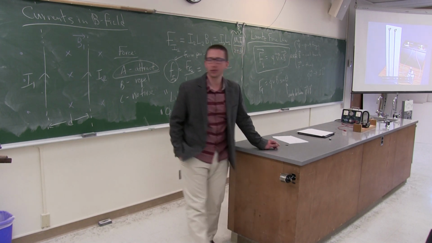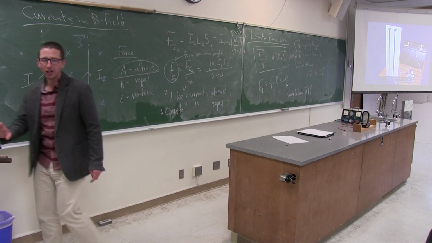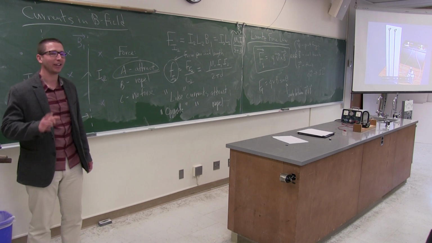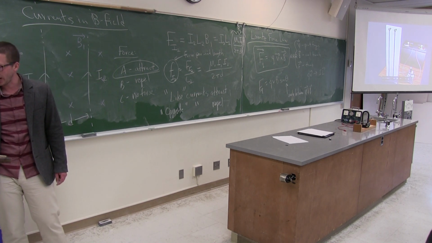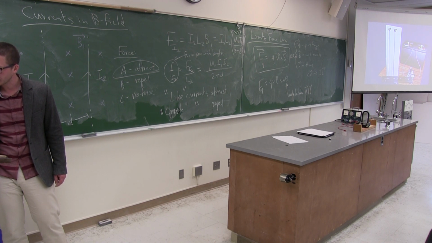Okay, so let's look now at why. Now, magnetic field, just like electric field, is a real physical entity. So here's two wires. Let's look at a picture here, where the switch is closed, and those two wires attract each other.